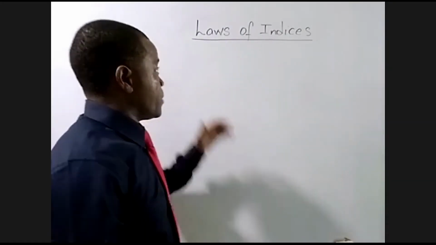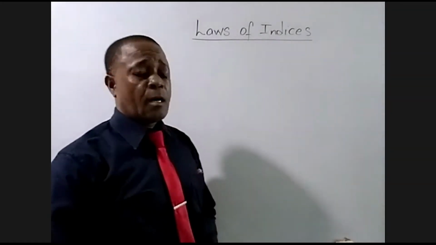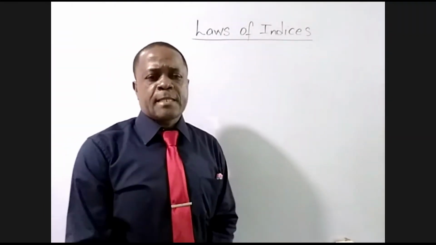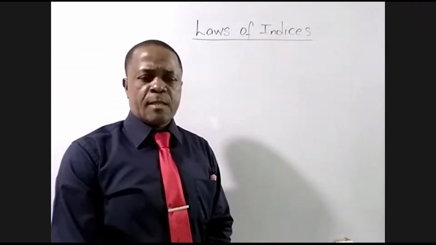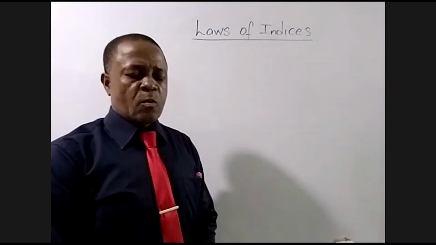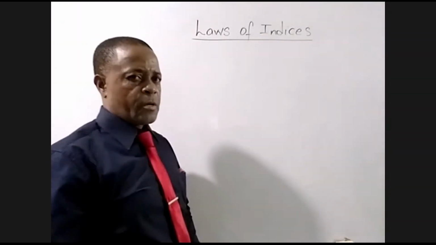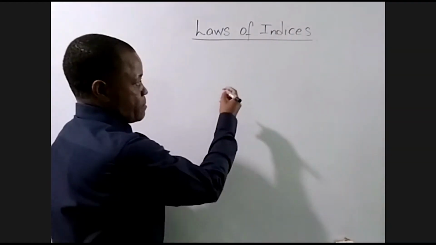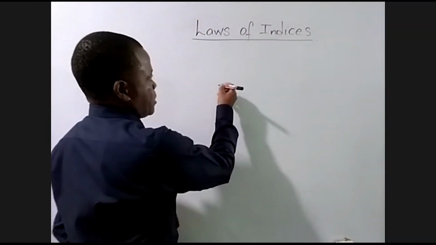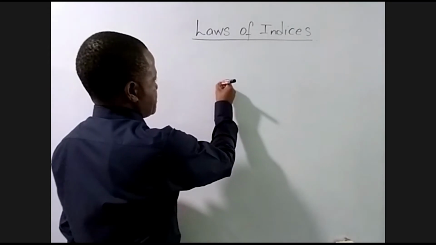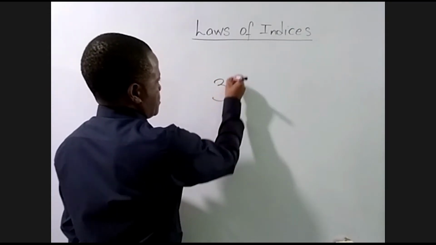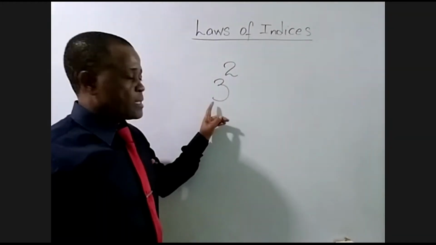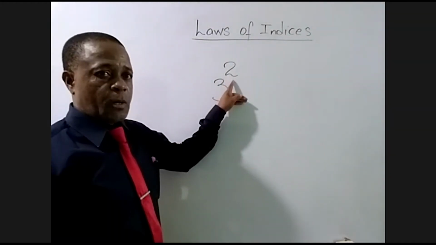Now, before we actually start looking at the laws of indices, we first want to look at numbers written in their index form. We want to see how we can write numbers in their index form. Now, a number written in its index form would look something like this. Notice here, we read this as 3 to the second power.